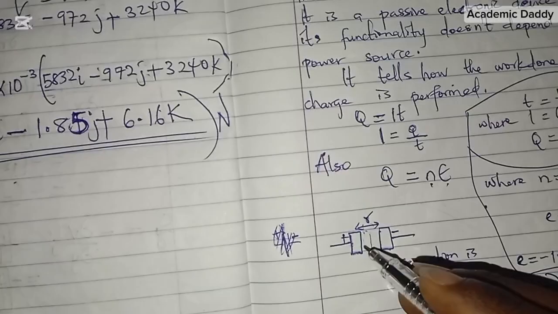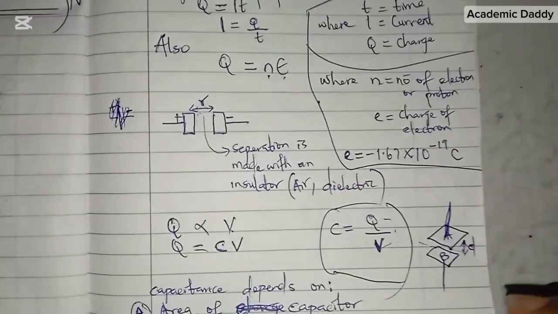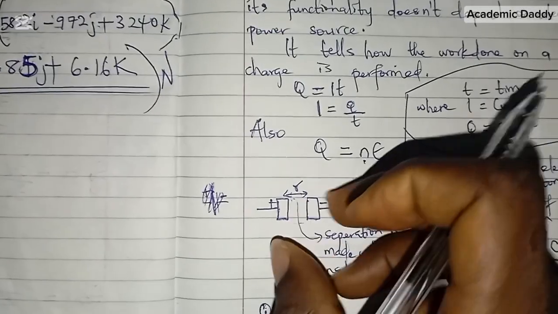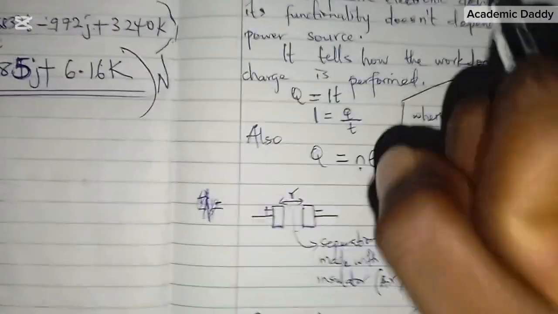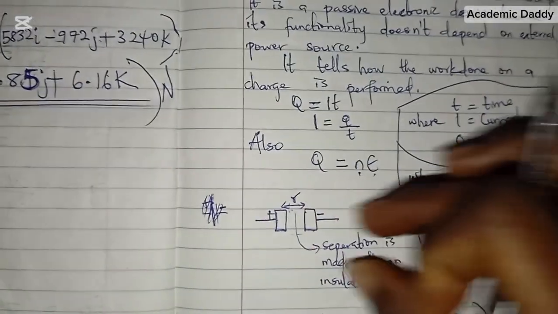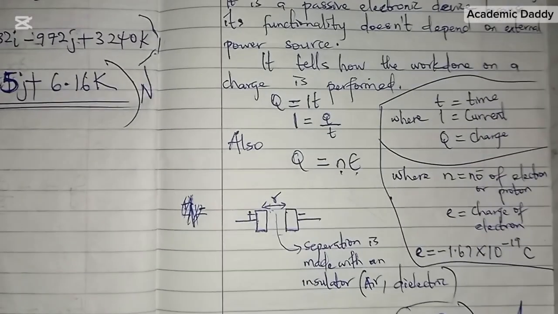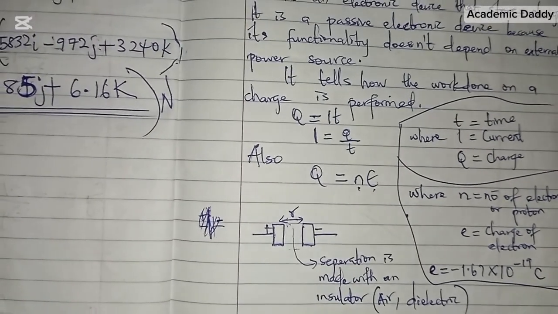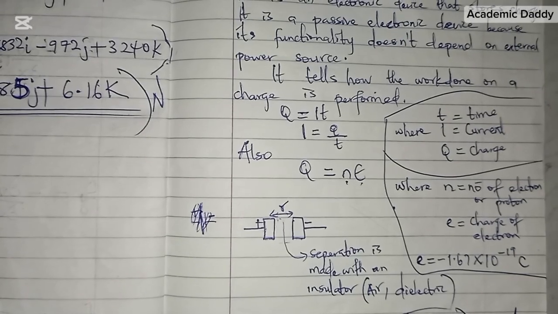Remember, when I drew this, this is like the side view, this is like the plan view. So the distance here, if it is very close, the electric field will be very intense. If it is further apart, if you remember, even when we did force, electric force is inversely proportional to distance apart.